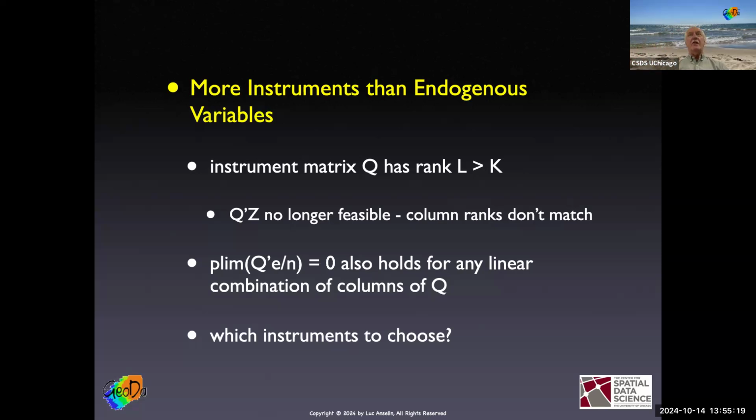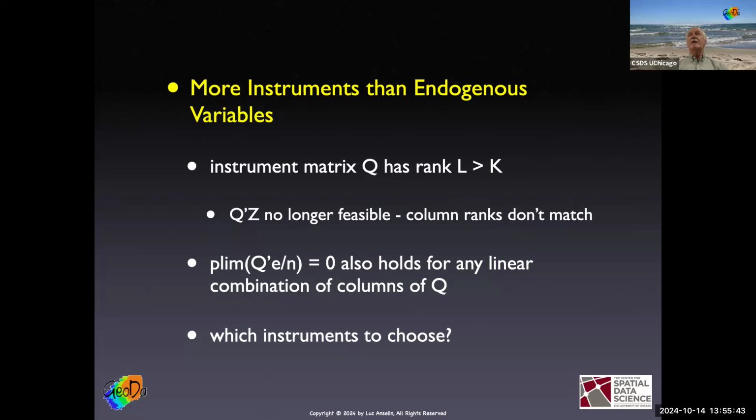But if you can pick any of the 3, then you can also pick any linear combination of the 3, because they also have the same property. If each of them is uncorrelated, then any sum or weighted sum of the 3 has the same properties. So which linear combination do we pick?